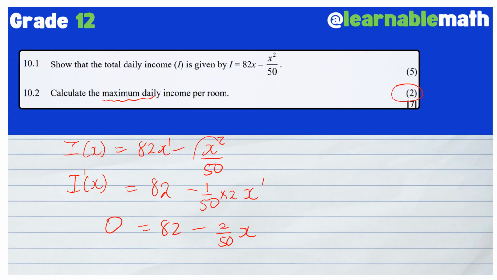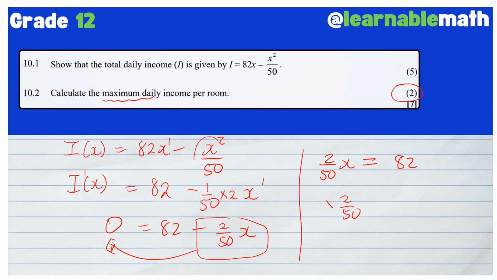Okay, now we can solve for x by taking this portion to this side, then we have something like 2 over 50 x is equal to 82. Then to solve for x, I can divide by 2 over 50, which is 1 over 25, or rather multiply by the reciprocal of that. Okay, I can just say multiply by 50 over 2, right?